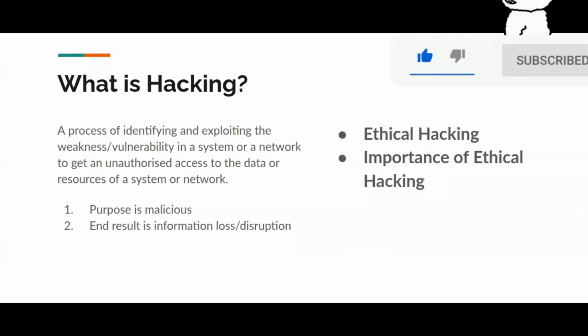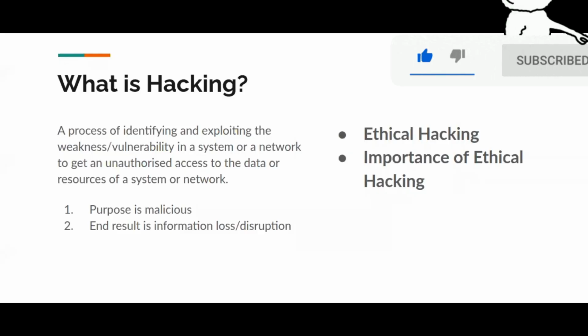So if the purpose of making use of this particular information is malicious, and results in some kind of information loss or disruption, then it is called hacking. This particular term does not have an international recognition, and still you might find people like script kiddies, who might not have any purpose, and who do not even know how to modify a code.